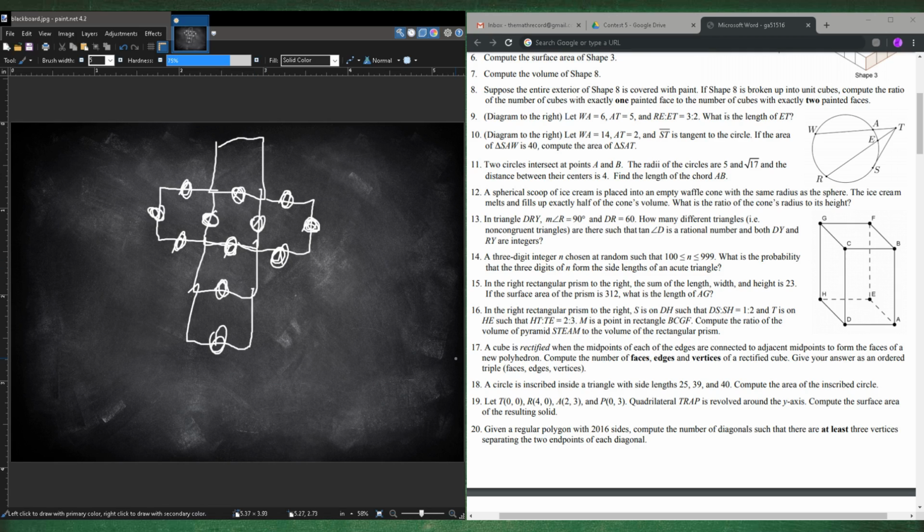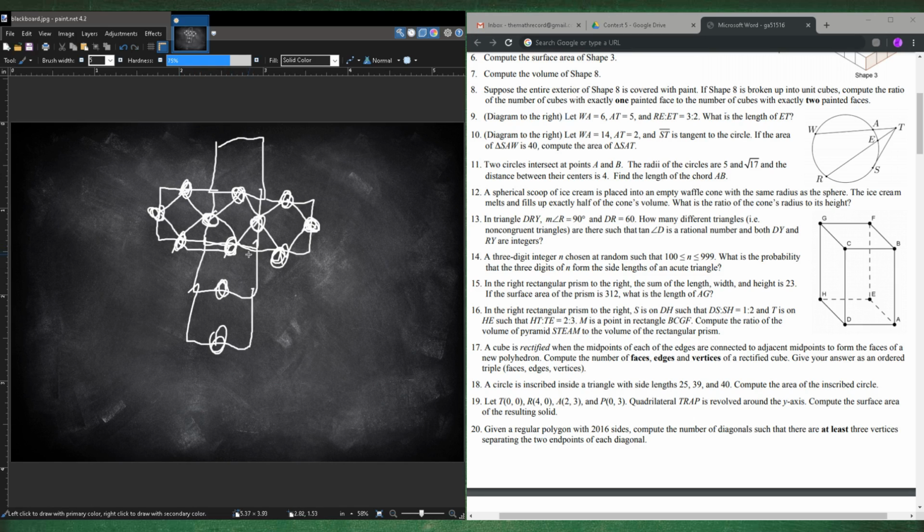Now let's find the number of faces, edges, and then vertices. So for the number of faces, we connect the adjacent vertices. You have here, and these connect to this. This connects to this. Connects to this. And then this connects to this one over here. It connects to this one over here. And it connects to this one, and oops, sorry, it doesn't connect to that one.